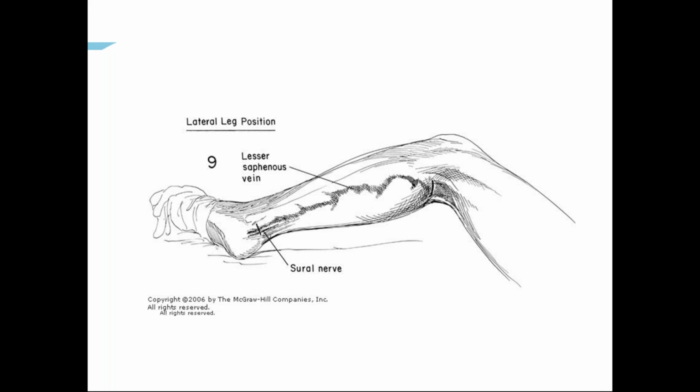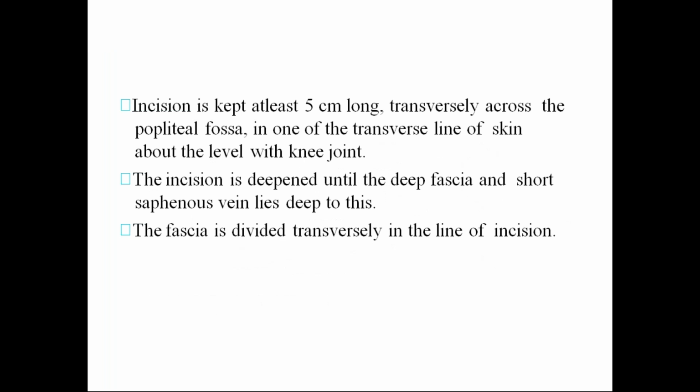Here we identify the saphenopopliteal junction. The incision is kept at least 5 centimeters long, transversely across the popliteal fossa. All this positioning is to bring the popliteal fossa into view. It is along one of the transverse lines of the skin above the level of the knee joint.